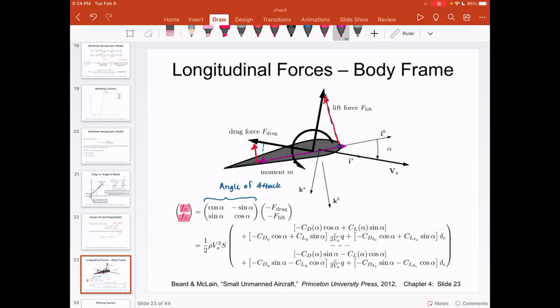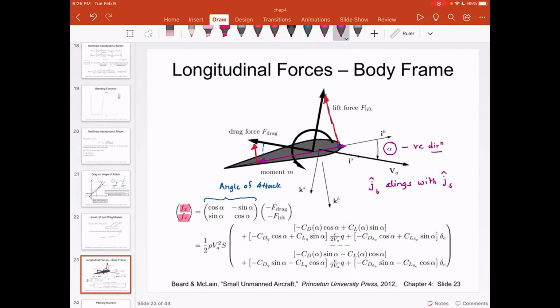The only thing I want you to understand is that angle of attack is in the negative direction, and that's why you have a sign flip on the off-diagonal terms. Some of you may clearly see that this is like a rotation about Y, and that is true. The rotation is about the Y axis, which is nothing but the J axis. So J body aligns with J stability.